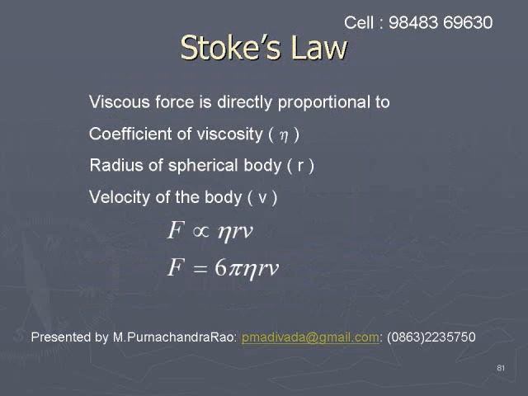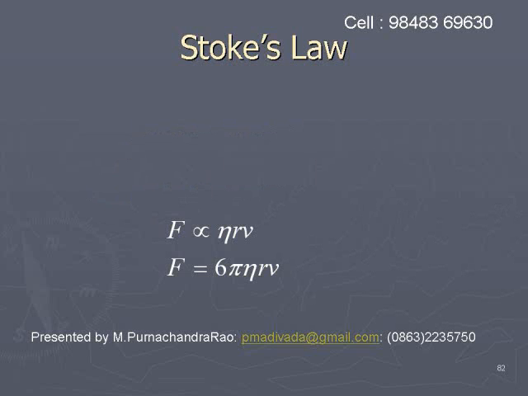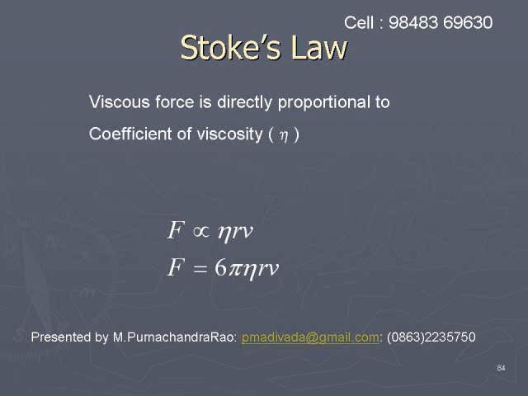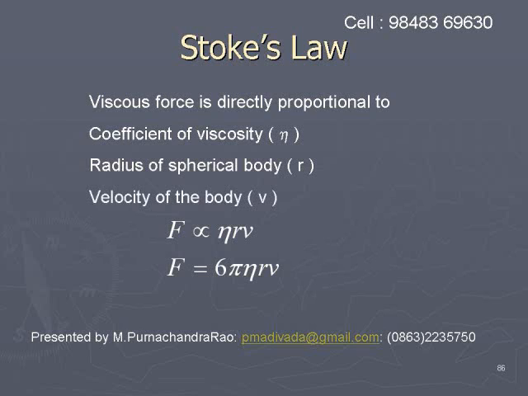An empirical formula is given by Stokes to determine the viscous force. The relation is: viscous force is equal to 6 pi eta r v, where eta is the coefficient of viscosity, r is the radius of the spherical body which is traveling with terminal velocity, and v represents the terminal velocity.